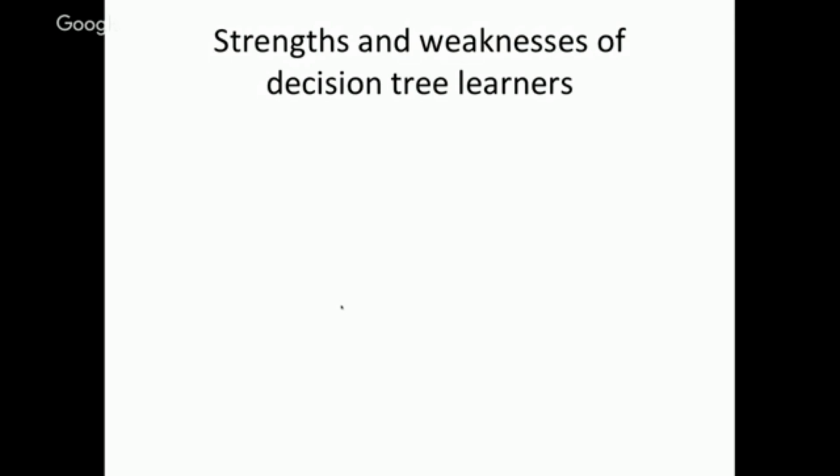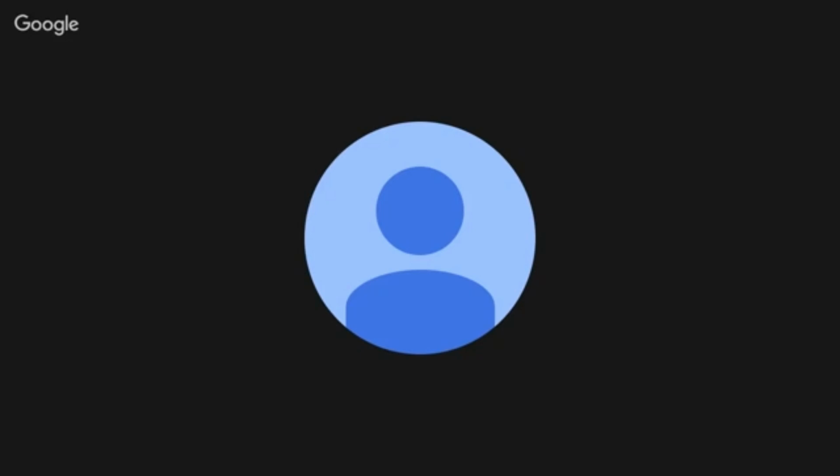Okay, strengths and weaknesses of decision tree learners. So whenever you're evaluating a learner, you should look at a few things. Let me actually build this list while I'm talking about it.